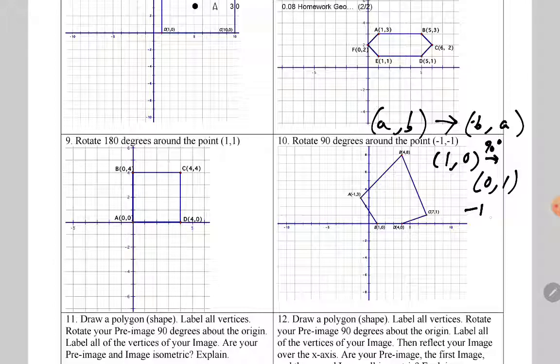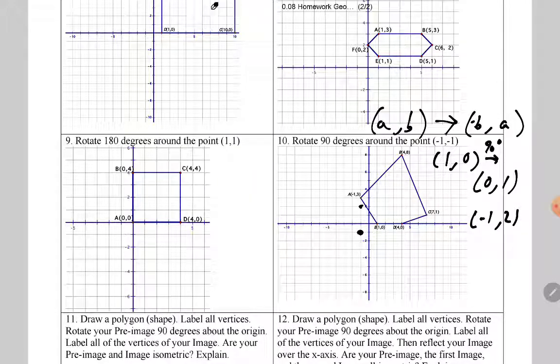-1. Because we're moving around this point, that means we have to move this coordinate over, 1 to the left, and 1 up. So it kind of is really confusing.